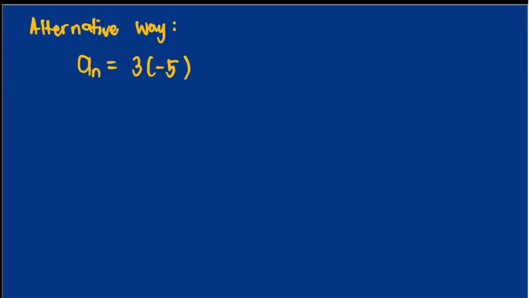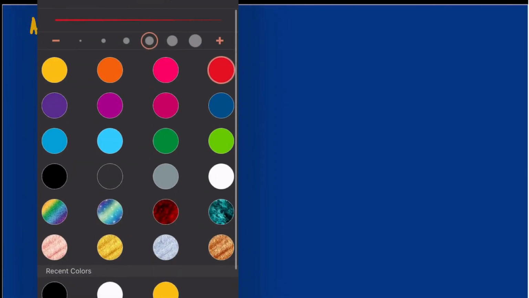As you can see, ang given natin, a sub n is equal to 3 times negative 5 raised to n minus 1. Tama? Ngayon, we're going to compare this to our formula.